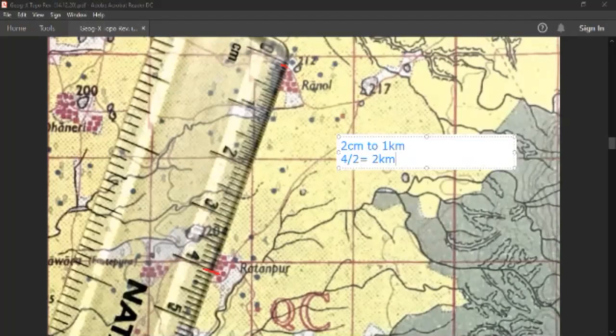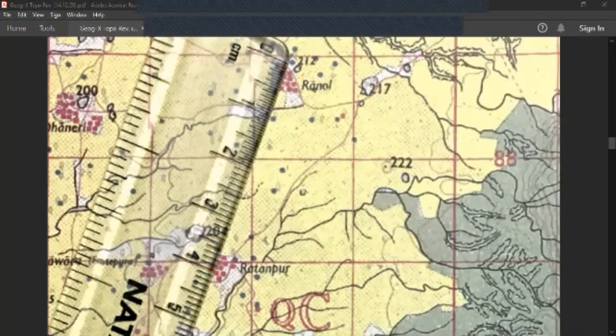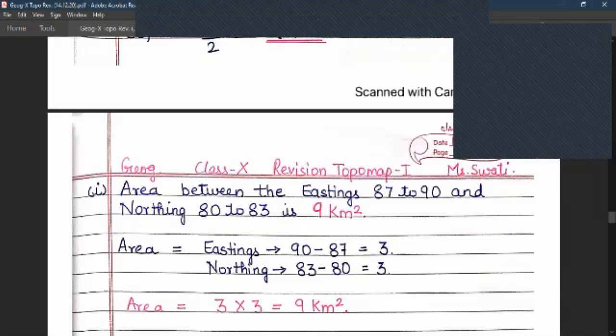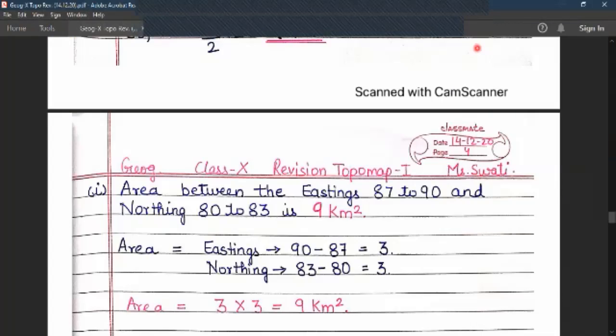Question number 9. Calculate the area between Eastings 87 to 90 and Northings 80 to 83. So to find the area, what we are going to do?